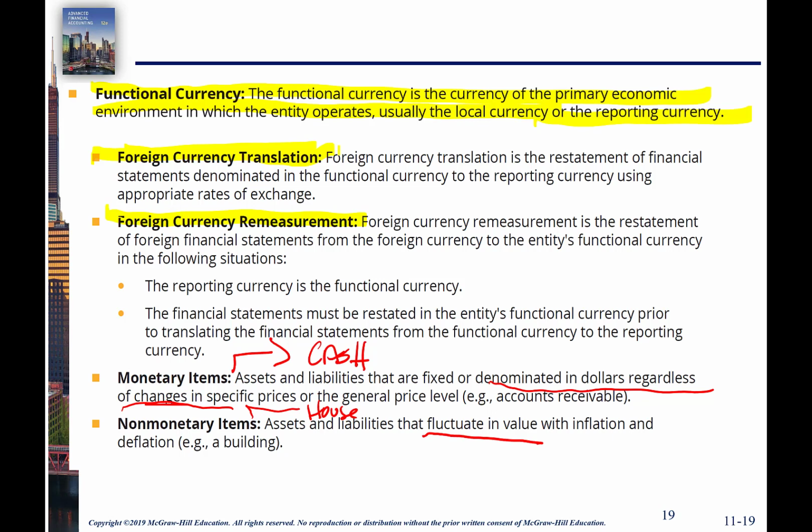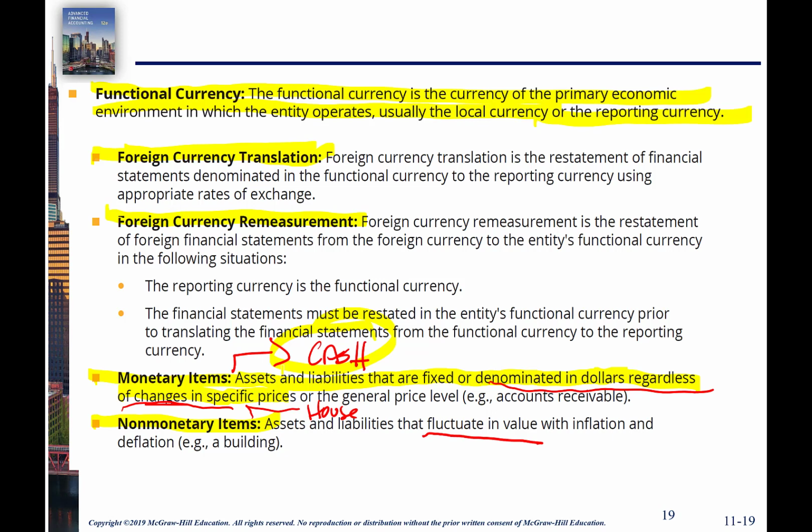Then we have these definitions down here: monetary versus non-monetary items. Monetary items are fixed, denominated in dollars, regardless of changes in specific prices. For example, cash is the classic example of a monetary item. You have $10,000 in your pocket.